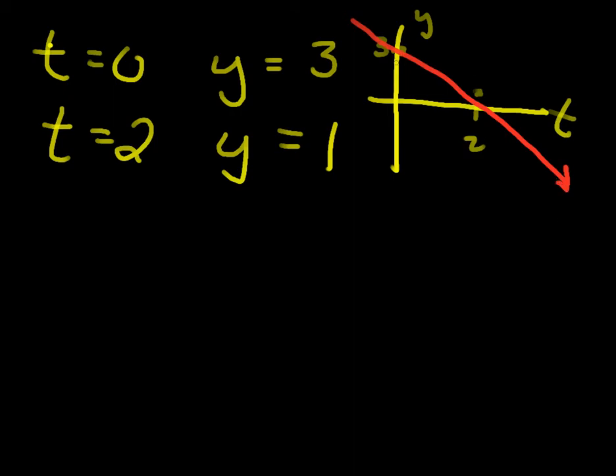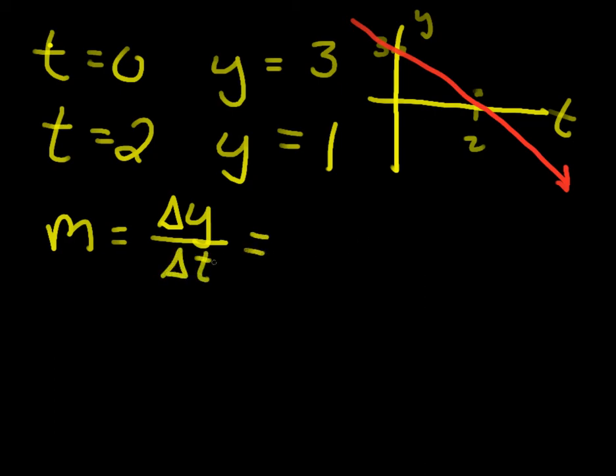So when t is 0, y is 3. When t is 2, y is 1. I know it's not going through the point. So what's the equation of the line? Well, just like before, we need to know the slope. Our slope, in this case, is the change in y over now the change in time.